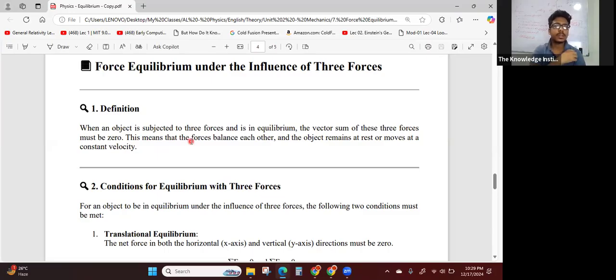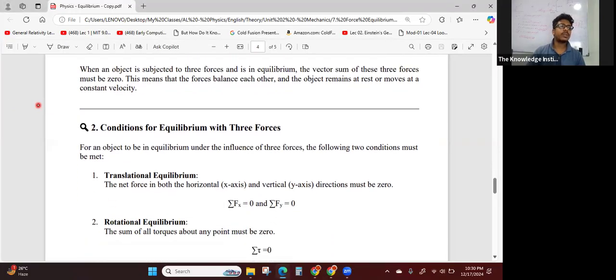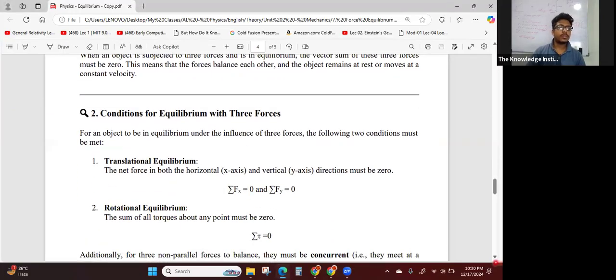And there is another thing which we will study: if an object is in equilibrium under three forces, the lines of action of all three forces intersect at a common point. This means that the forces balance each other and the object remains at rest or moves at constant velocity. So, the conditions for equilibrium with three forces.